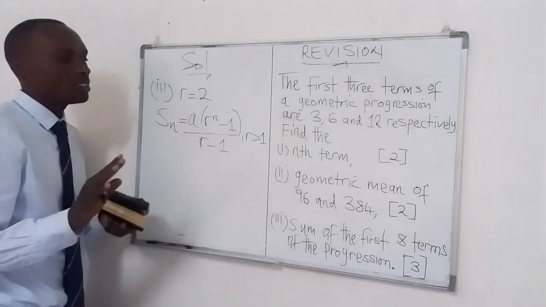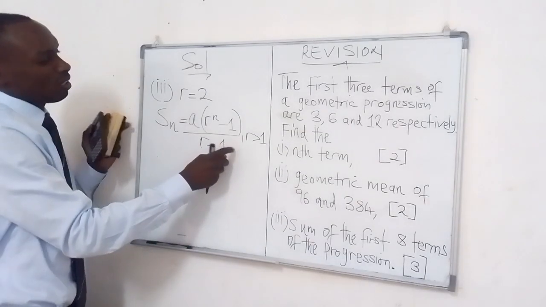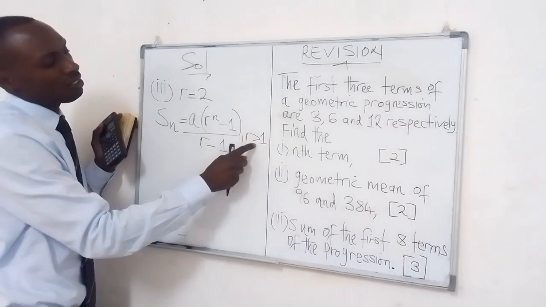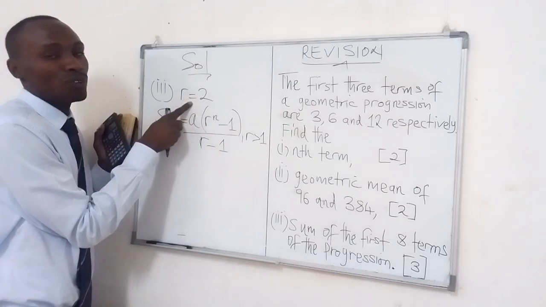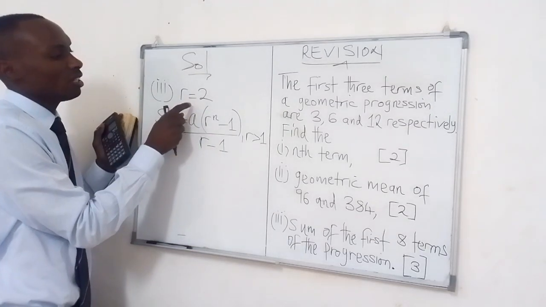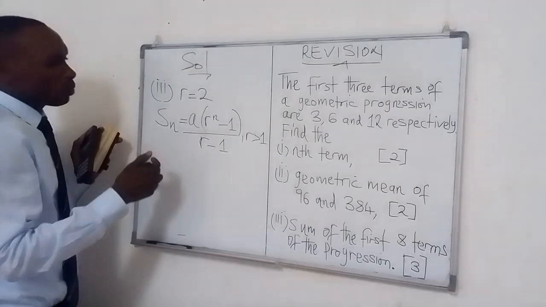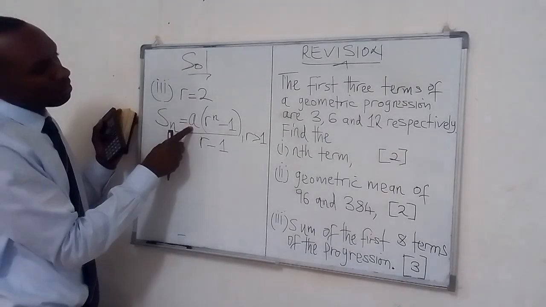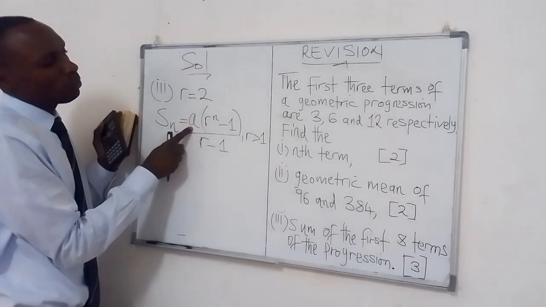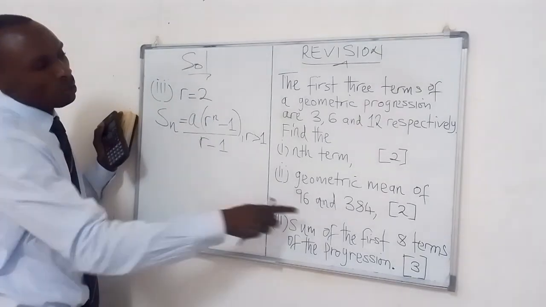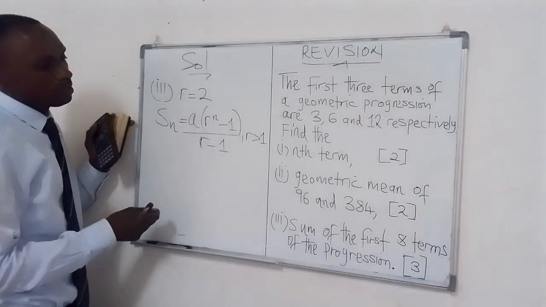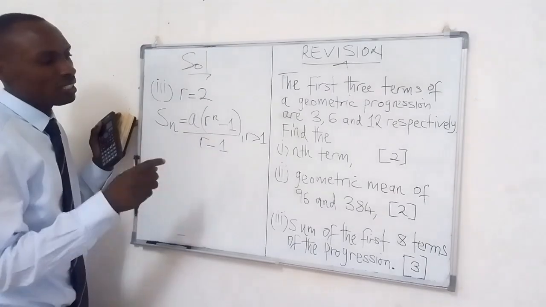There are 2 formulas, so you just have to pick the one which says R greater than 1, because of the value of R that we have here, which is 2. Working with this formula, we just simply substitute. On A we put 3, on R we put 2, and on n we put 8, since we want the sum of the first 8 terms.